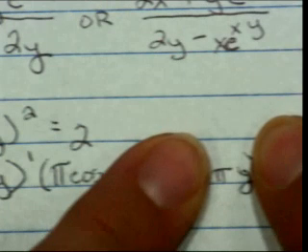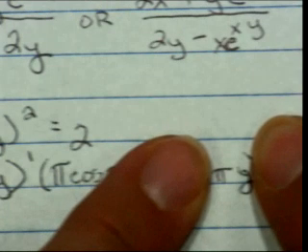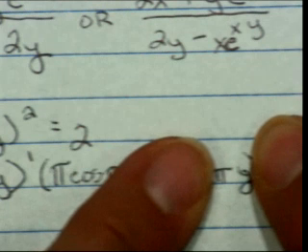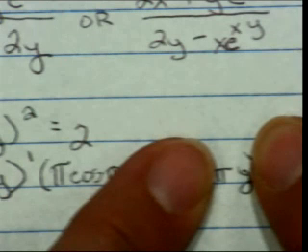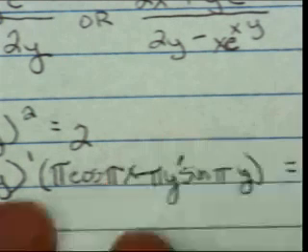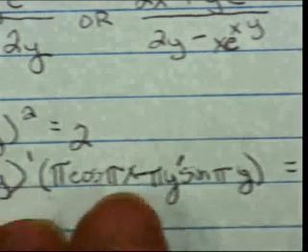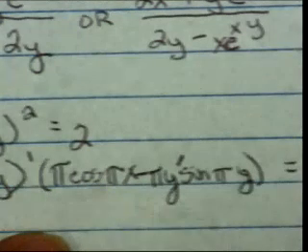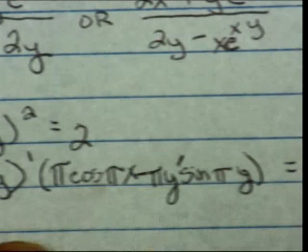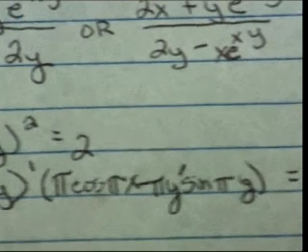Play like it's 3y. What's the derivative of 3y with respect to x? Just 3, but also y prime. It would be 3y prime. Here it's pi y prime. You just can't see my little minus because my minus and my pi ran together right there. All right, that was terrible.